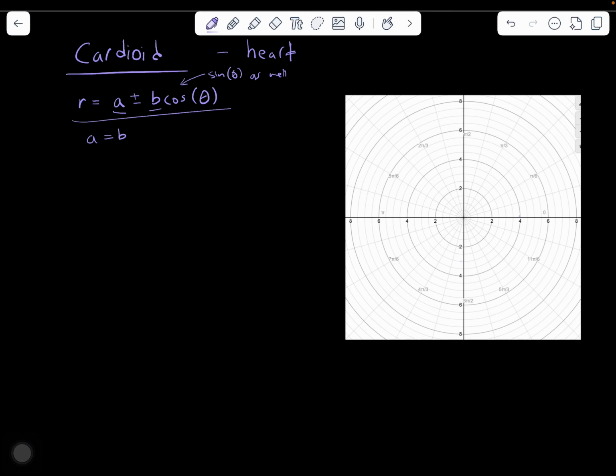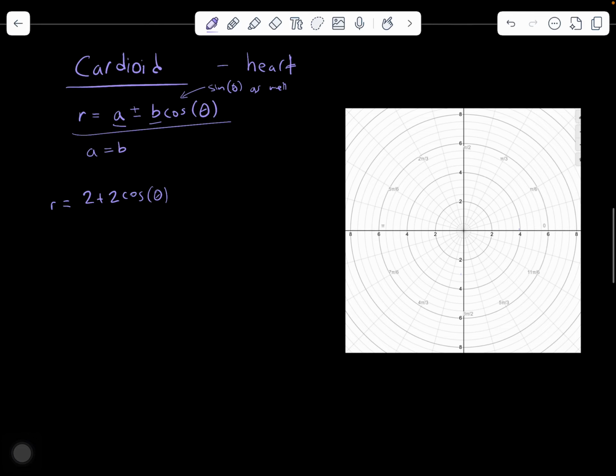So for example, let's take 2 plus 2 cosine theta, another function that we want to graph. So 2 and 2 are the same, so this is going to be a cardioid, and it's a cosine again, so it's going to be pointing left and right.